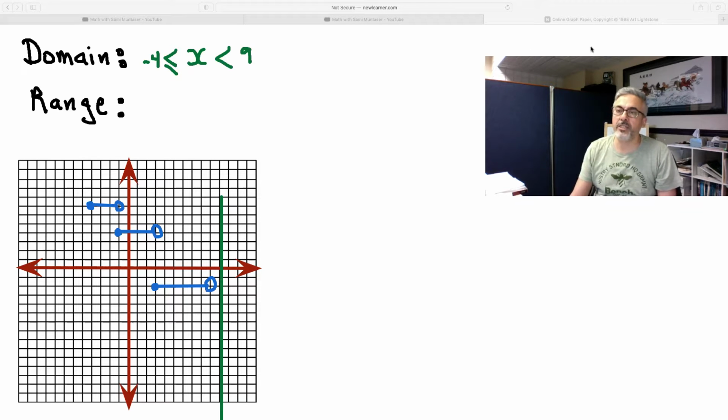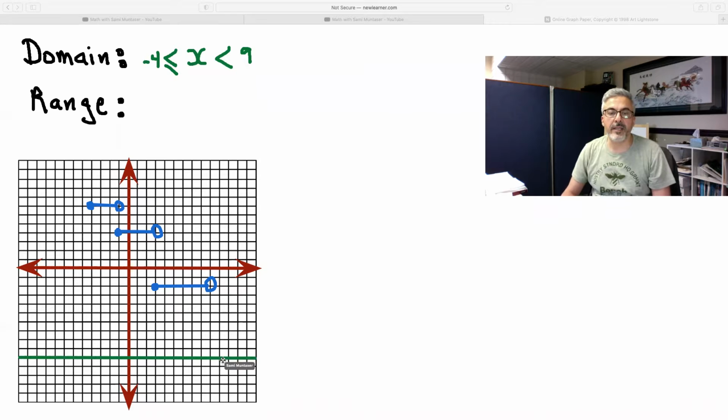Now, how about the range? For the range, I'm going to use the scanner again, and I'm going to start scanning. So I start going, nothing, beeps right here, stops, beeps right there, stops, and beeps right there, stops.